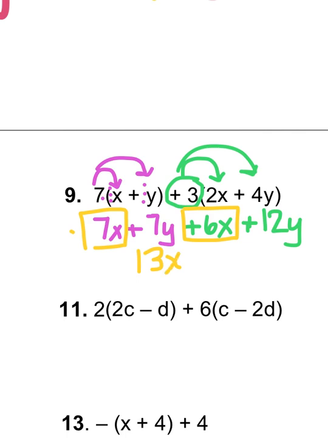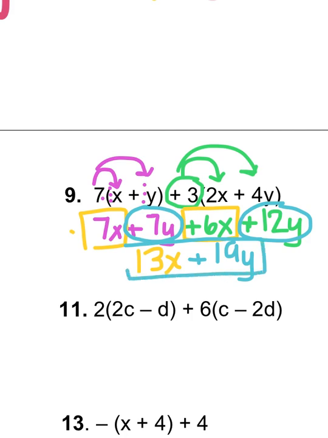Let's look at the y's. We have some like terms that are y's. We have a positive 7y and a positive 12y. They are the same signs, so we simply add and keep the sign. That is as simple as it gets because there are no more like terms to combine.